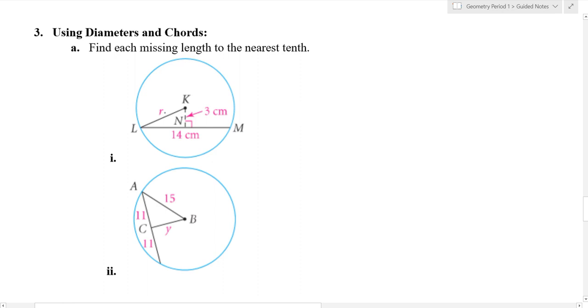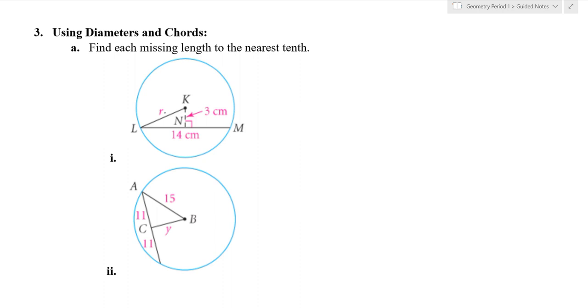Now it tells me that the length from K to N is 3 centimeters. It tells me that the chord LM is 14 centimeters. If we go back to what the theorem states, that means that KN intersects my chord at a 90-degree angle.